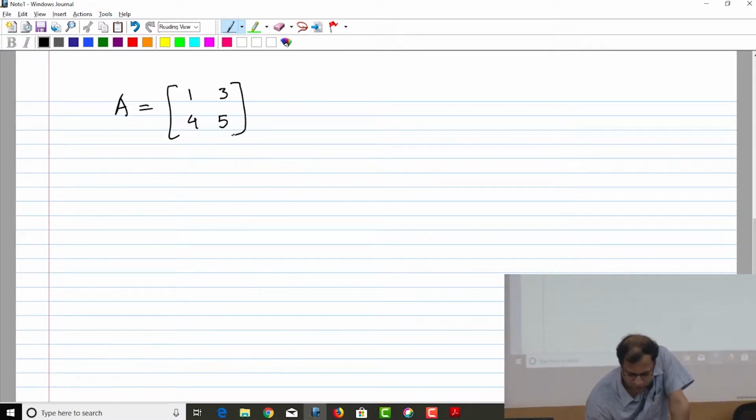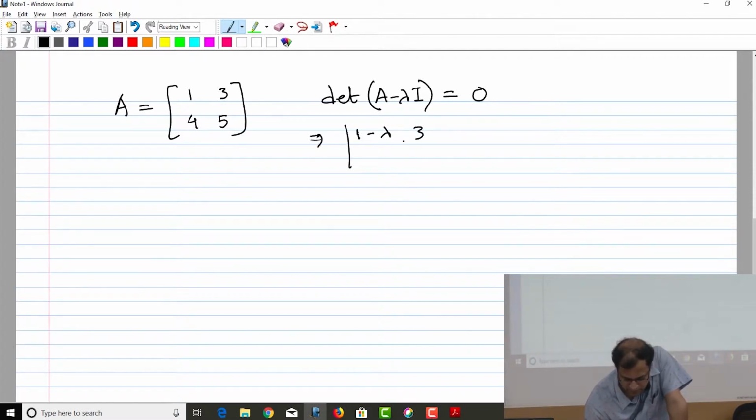Okay, so we first solve the characteristic polynomial, which is the determinant of A minus lambda I equal to 0, which is equal to the determinant of the matrix with entries 1 minus lambda, 3, 4, 5 minus lambda.